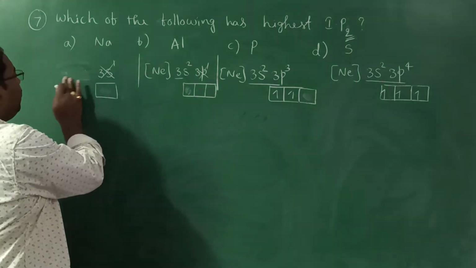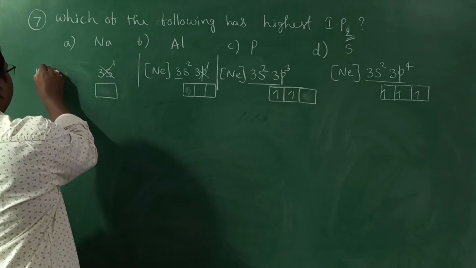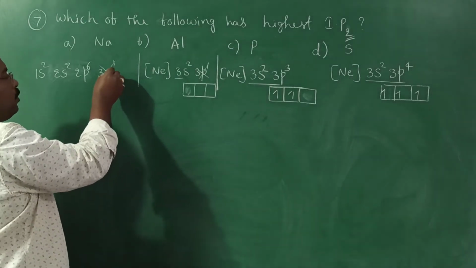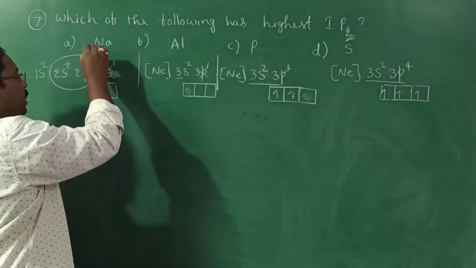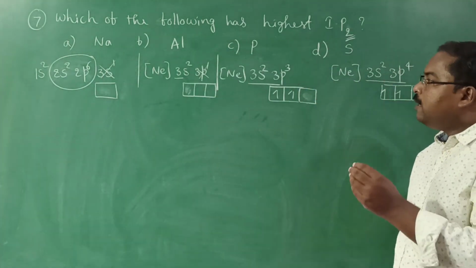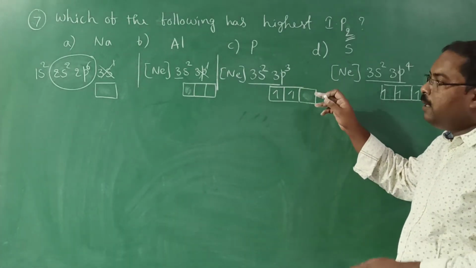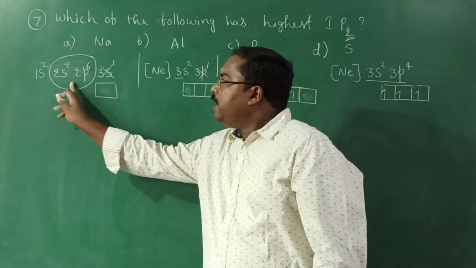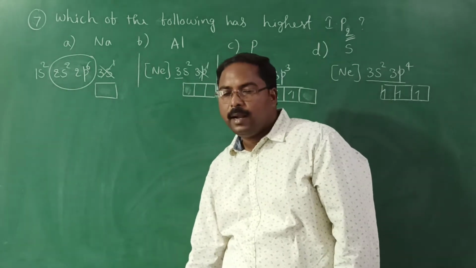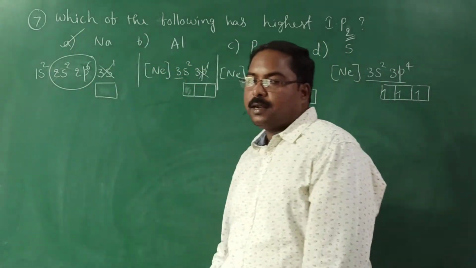Here neon means 1s2, 2s2, 2p6, 3s1. After losing the first electron, the second electron we are removing from the inner shell. So compared to the energy required to remove an electron from the third shell, definitely it requires more energy to remove the electron from the second shell. So that is why this is our answer.